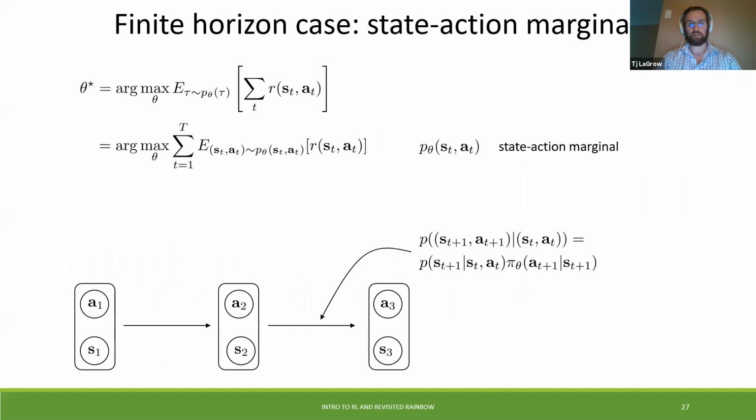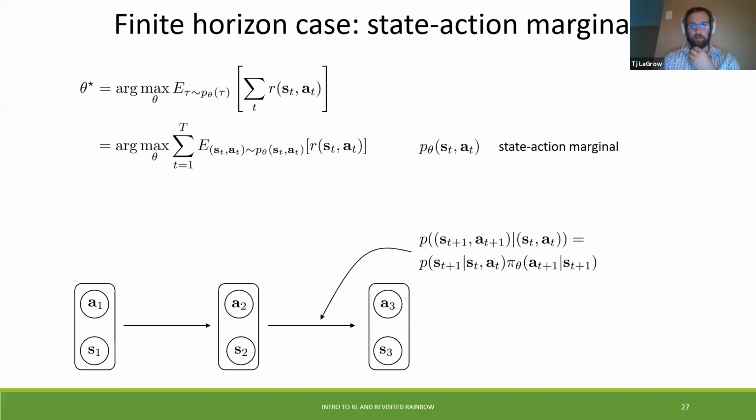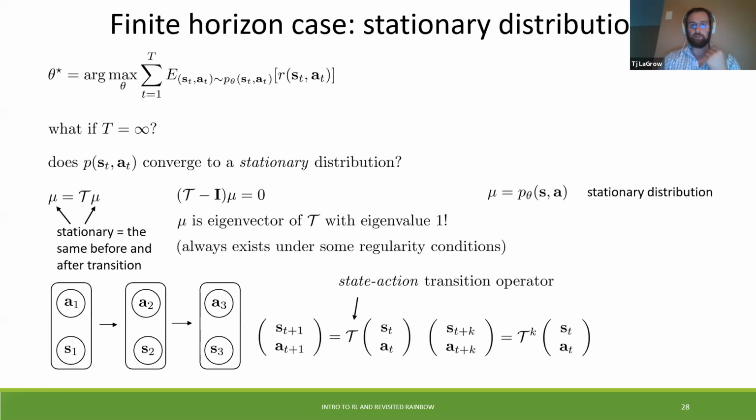The state action marginal is where you're going to have this P with the state and action. This is more or less calculating the transition between state action 1, state action 2, state action 3. But we're also very concerned about the stationary distribution. What if we have infinite transitions, or we're in a continuous space?